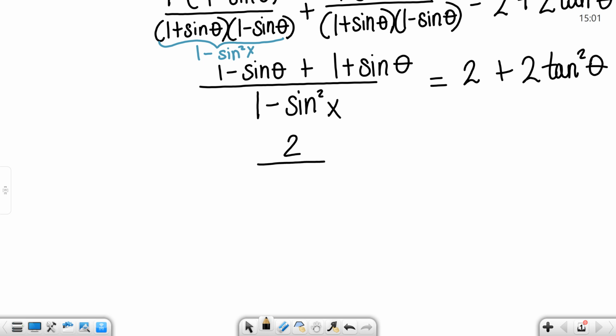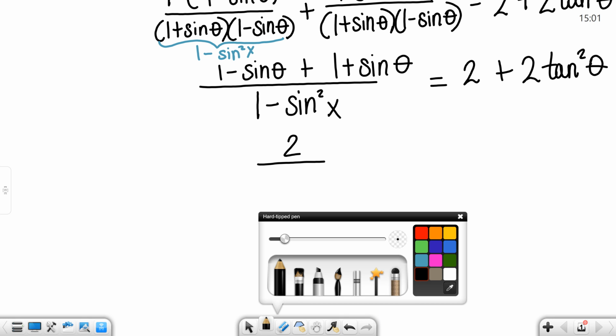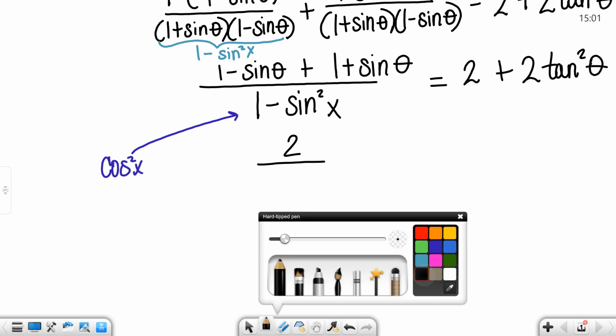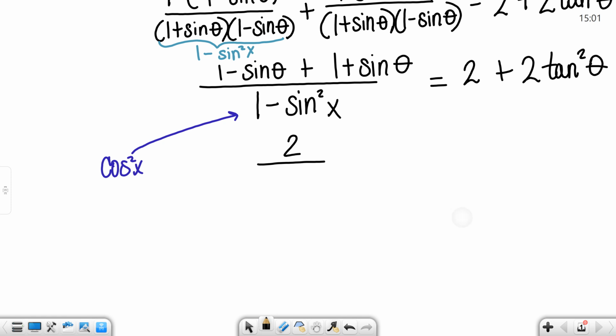And I know from what we did earlier, remember we did a Pythagorean identity, that 1 minus sine squared is equal to cosine squared. I'm sorry, my theta somehow changed to an x. Sorry about that. So I have 2 over cosine squared theta.